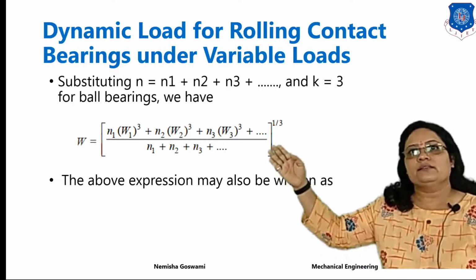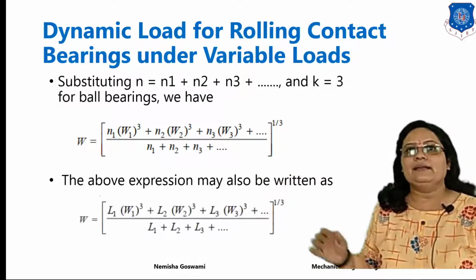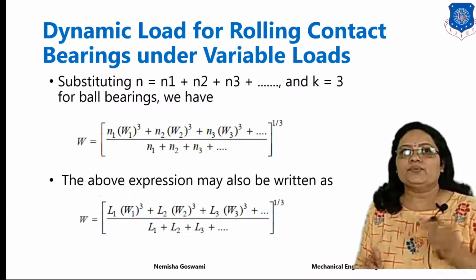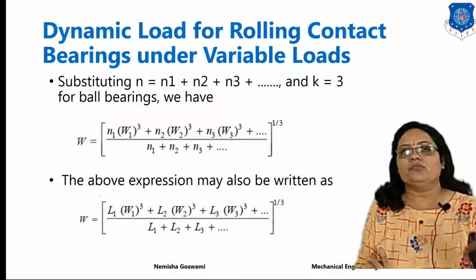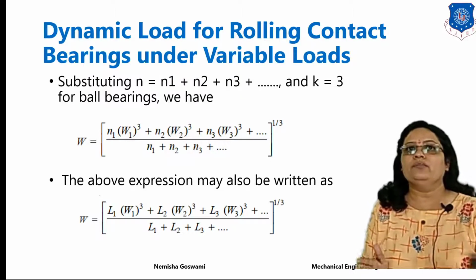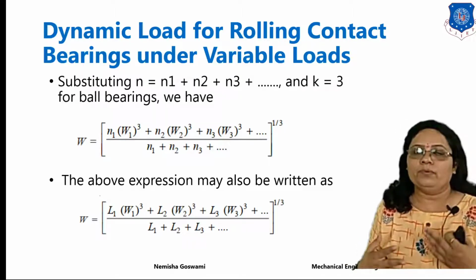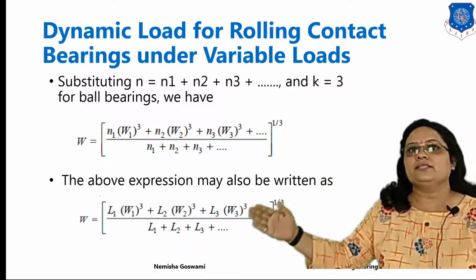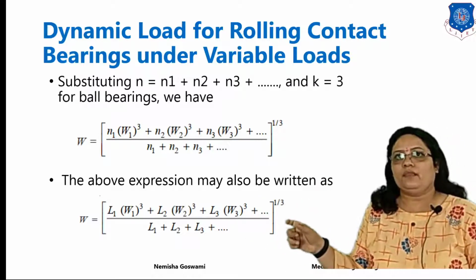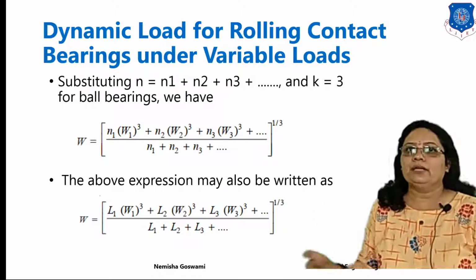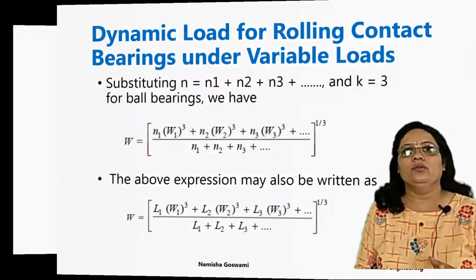Since N1 is equal to L1, N2 is equal to L2, N3 is equal to L3, both indicating life of the bearing, you can write this equation in that form also. So this is the dynamic load when the bearing is subjected to variable loads.